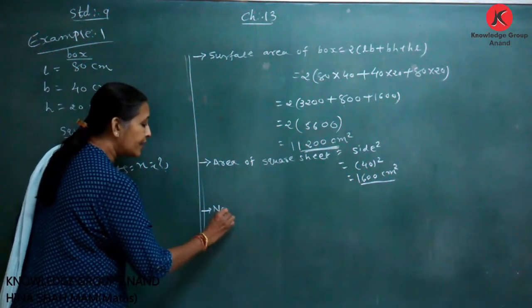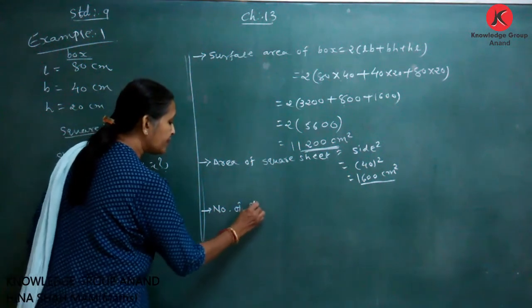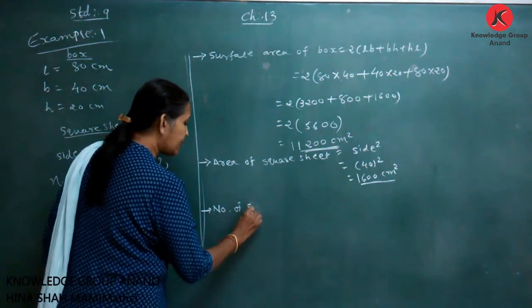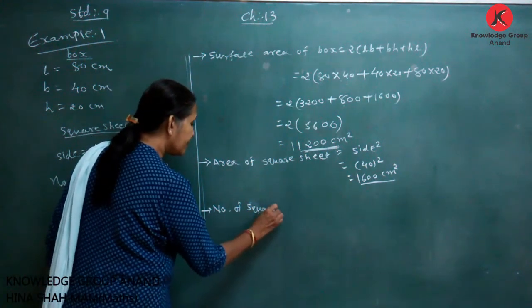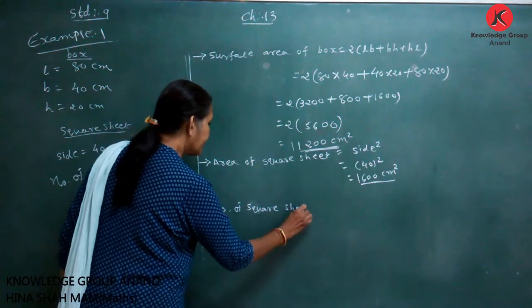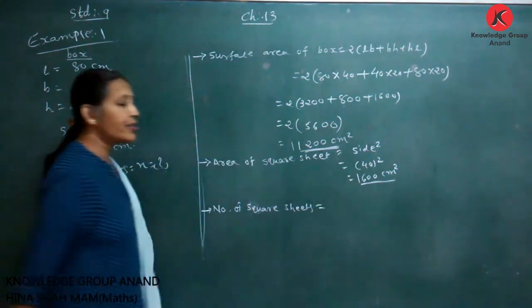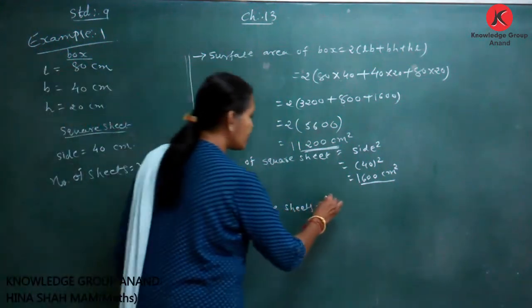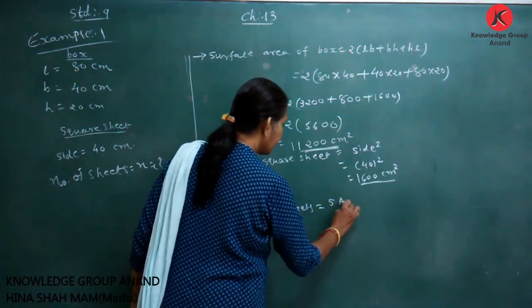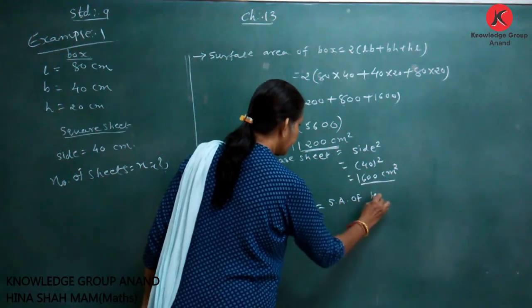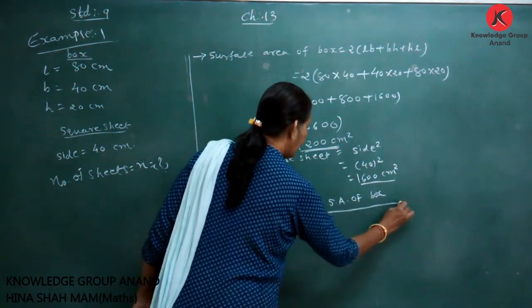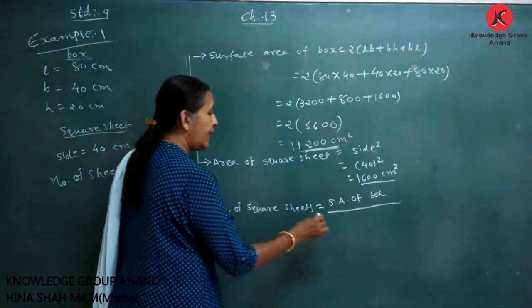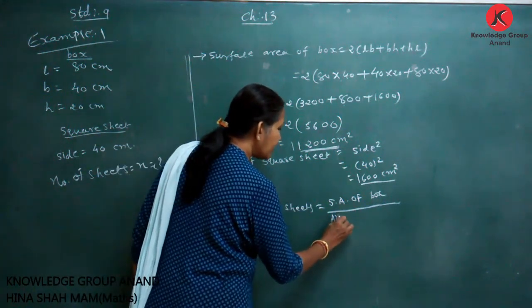Now find the number of square sheets, which equals the surface area of the box upon the area of one square sheet.